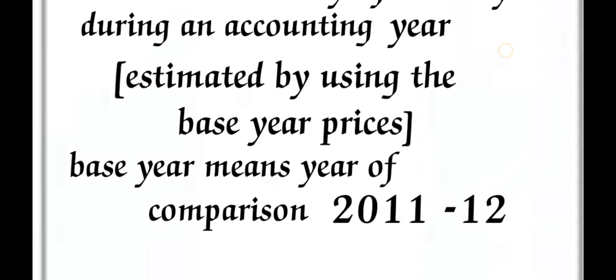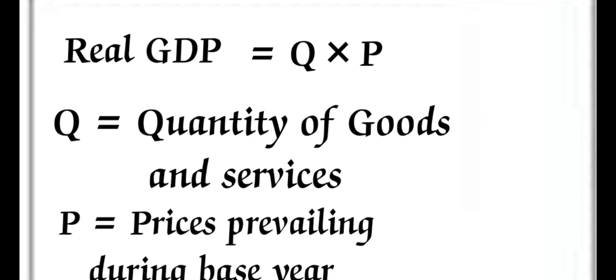We discussed constant price. What is the use of constant price when calculating GDP or national income? By using constant prices we get the real GDP, which means the actual GDP.